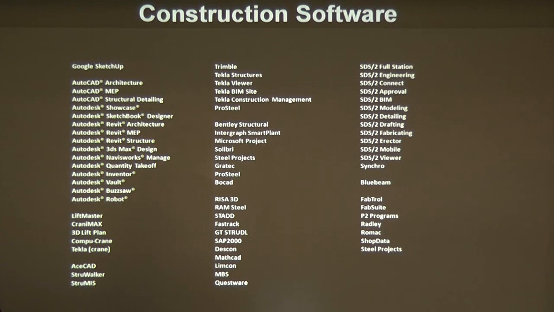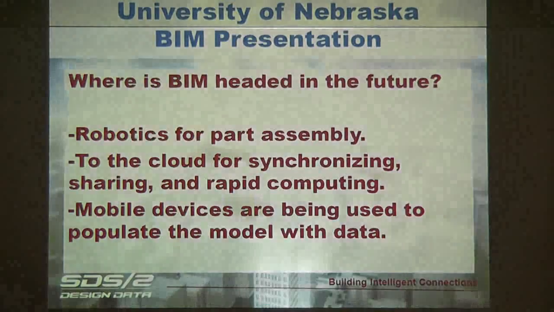You're not even at a manufacturing level yet. Manufacturing is a whole other layer of information that Revit is not going to be able to do anytime in the near future. That's why other modeling softwares like Design Data are out there, to take that design and continue to the manufacturing level.